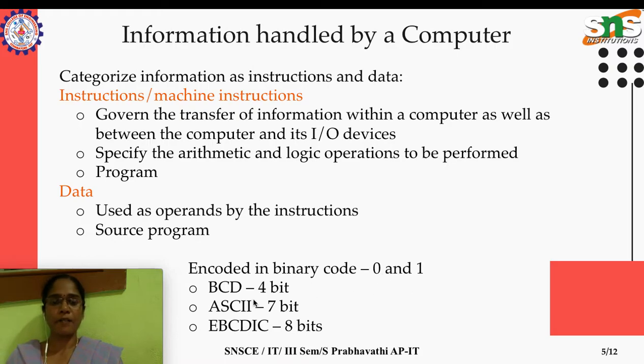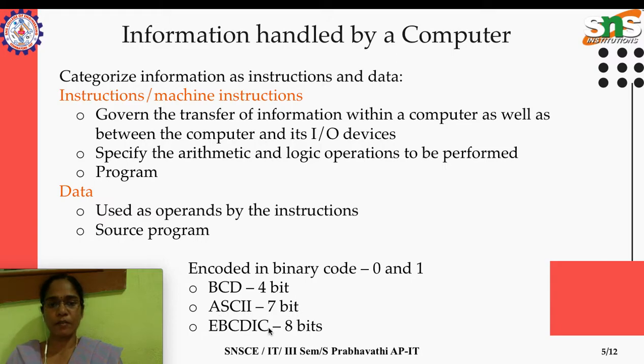And we have other varieties of encoding schemes like ASCII, American Standard Code for Information Interchange, and EBCDIC. ASCII is 7 bit, so it could carry 2 power 7, which is 128 characters. Binary coded decimal is for numeric characters, and both EBCDIC and ASCII are for alphanumeric characters.